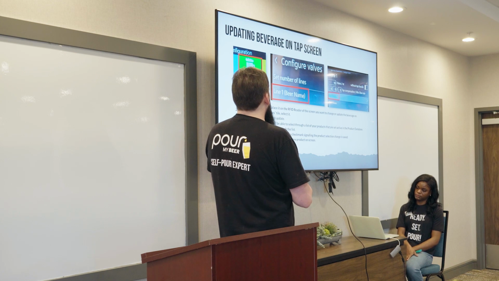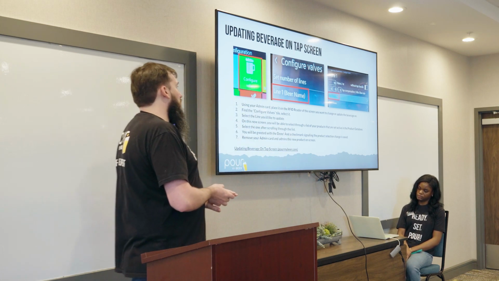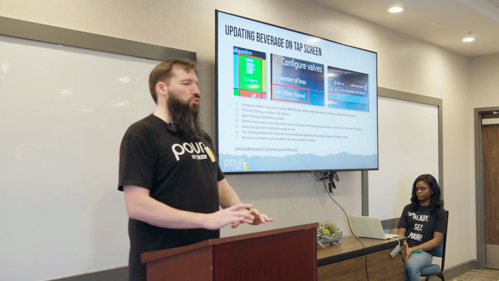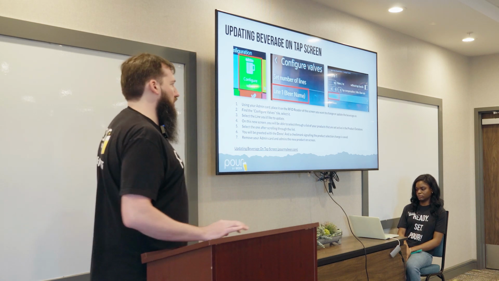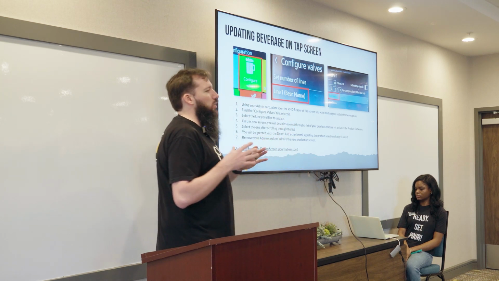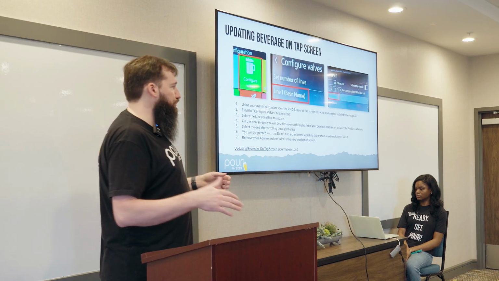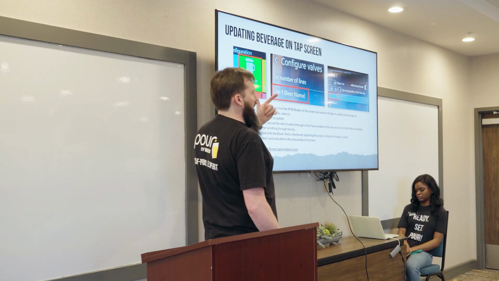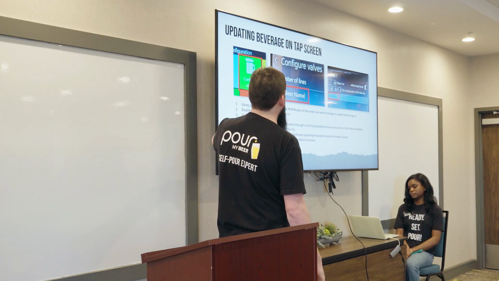So in order to actually have people pour stuff, you need to assign a product to a line. Basically, that means the screen is going to be displaying which product is going to pour out of which tap. I think only managers and administrators can do this. Staff can't change this.